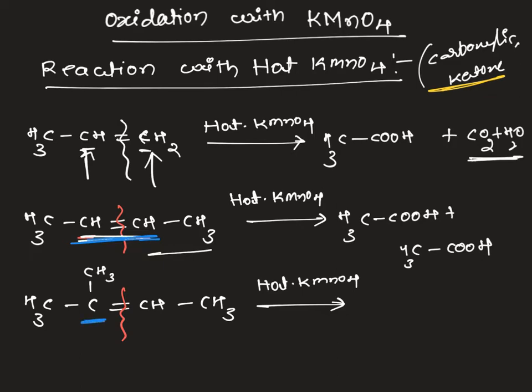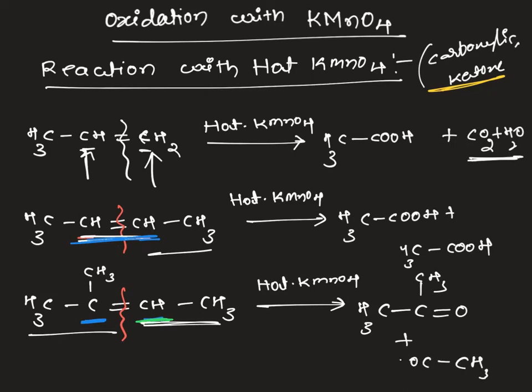After ketone formation, further oxidation in hot KMnO4 is difficult, so it stops at the ketone stage. If you look at this example, this olefinic carbon does not have hydrogen, but on the other side it has one hydrogen. So this entity is converted into ketone, acetone, CH3COCH3, plus this side is converted into carboxylic acid, CH3COOH.